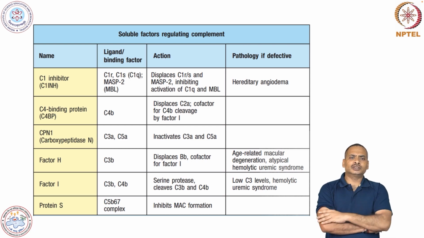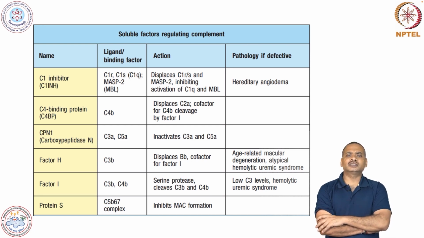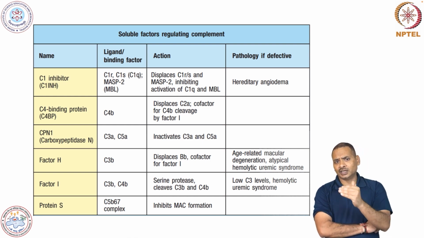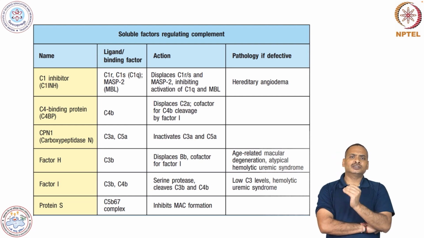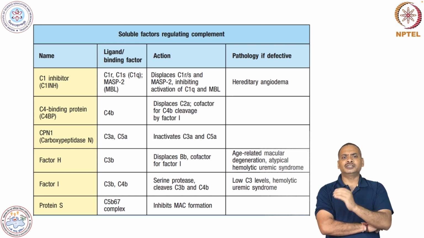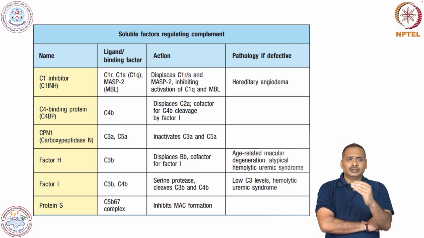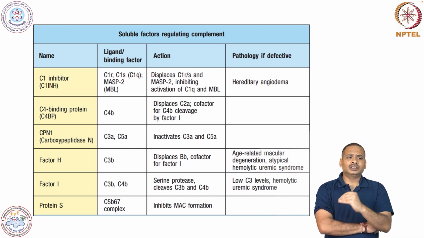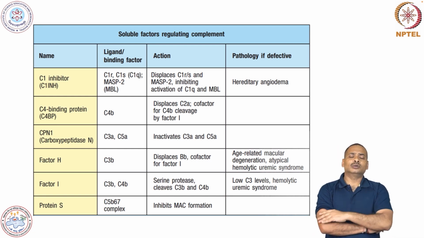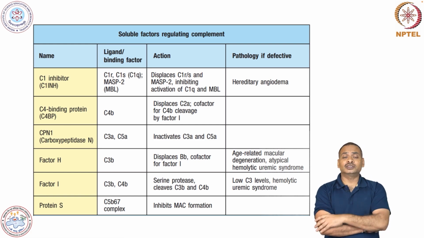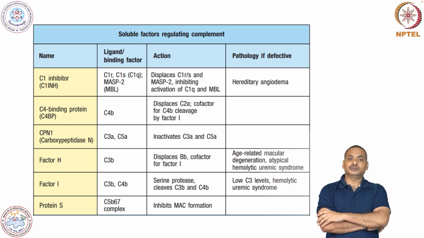So, how does this work? Basically, it displaces C1R or S in the case of the classical pathway, and in the case of the lectin pathway, MASP2, basically inhibiting the activation of MBL. So, this is a very important factor which can regulate the initiation of the classical and lectin pathways.